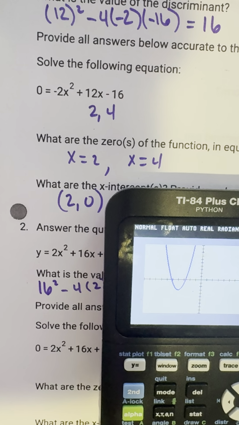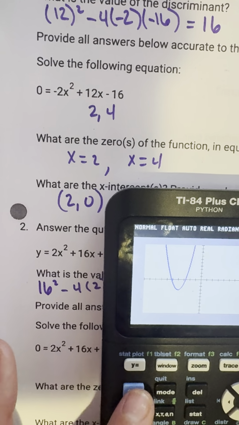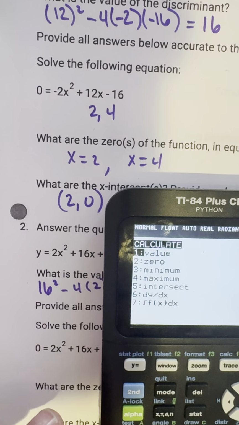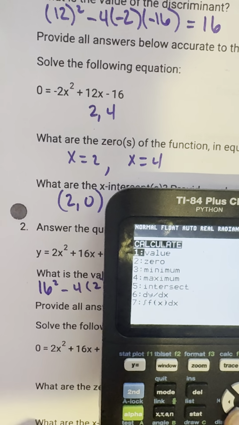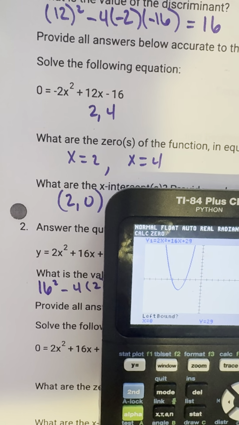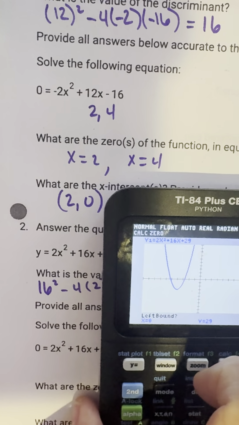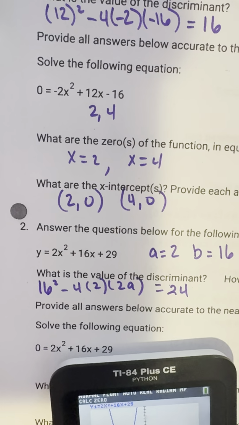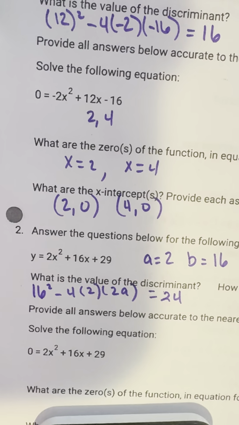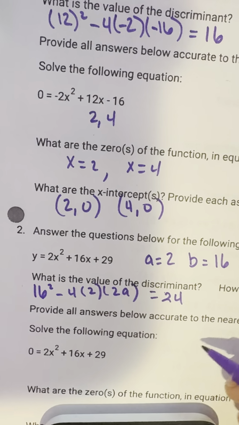No. So go to second, calculate. Well, we found the intersection. And we're looking for 0, so guess what we're going to go to? 0. Okay, so when you're looking for the 0, you can see it here.